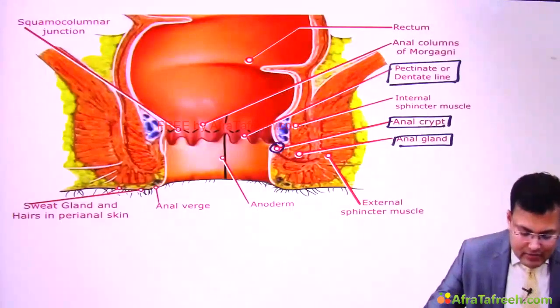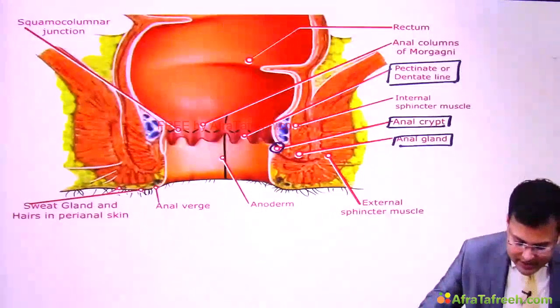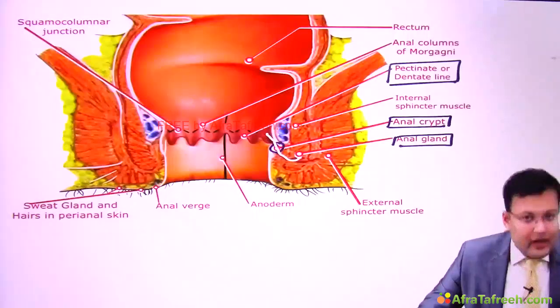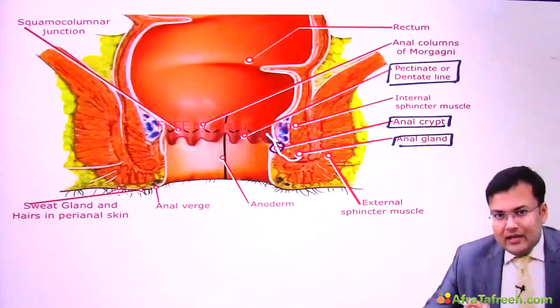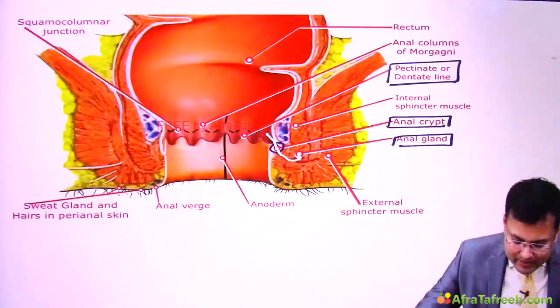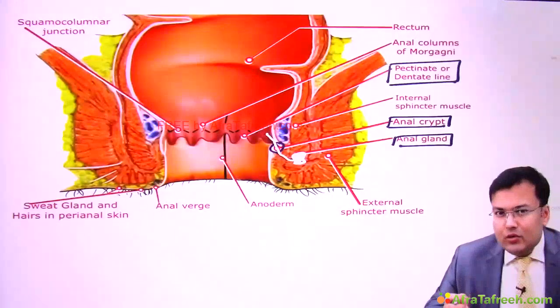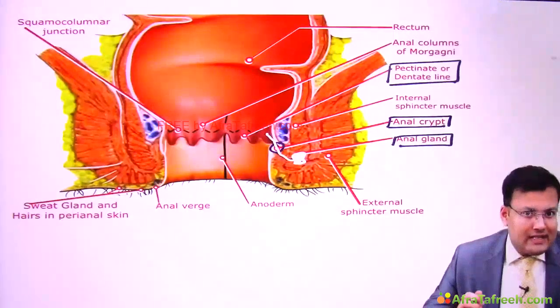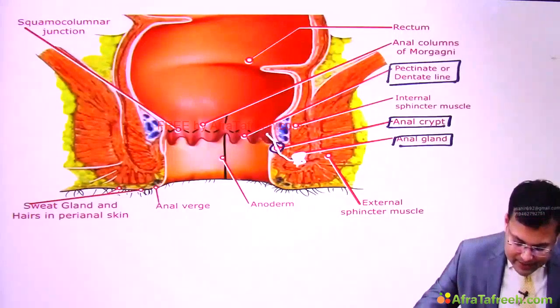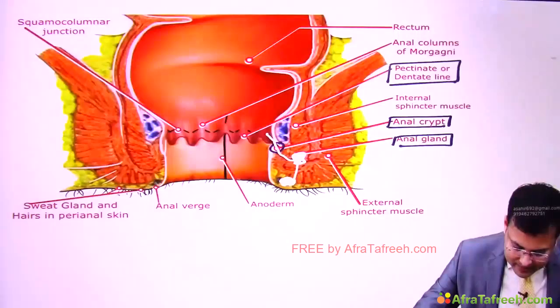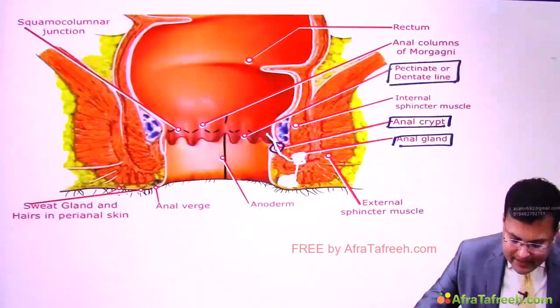Sometimes the infection via this crypt enters into the gland, and there is formation of pus collection or abscess. This pus is going to follow the path of least resistance, so the pus is going to collect here, in the perianal region.